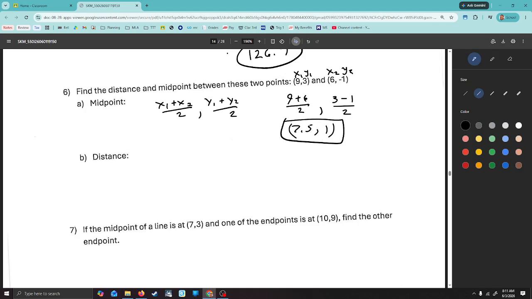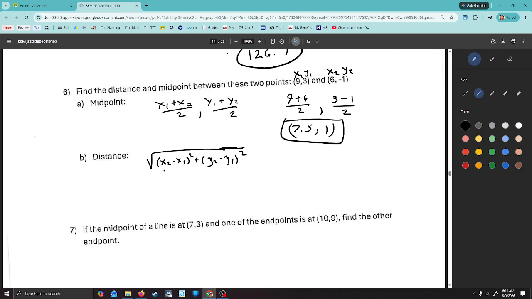The distance formula for that one is the square root of x2 minus x1 squared plus y2 minus y1 squared. Reminder, you don't really care which one you call group 1, group 2. It does not matter as long as you're consistent.